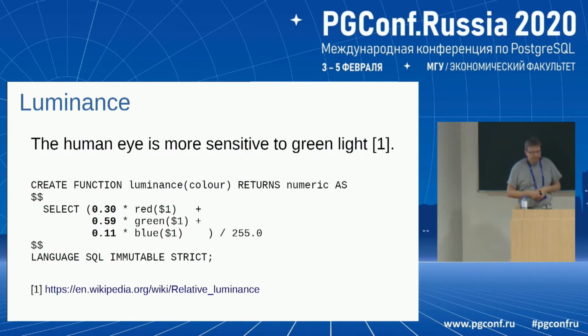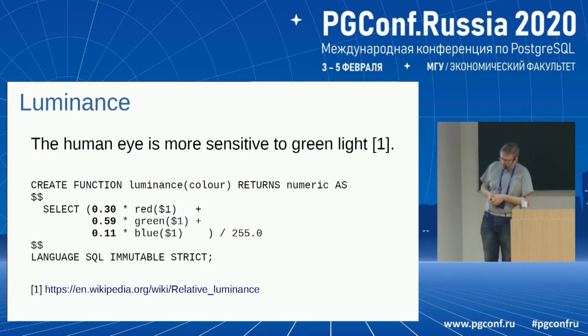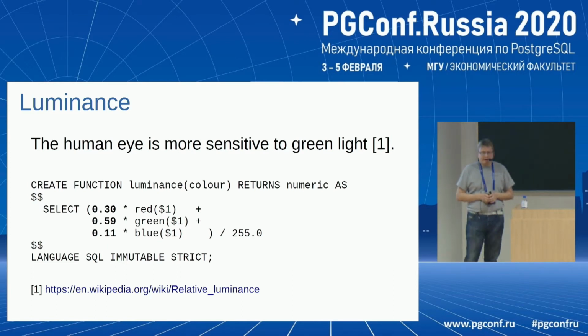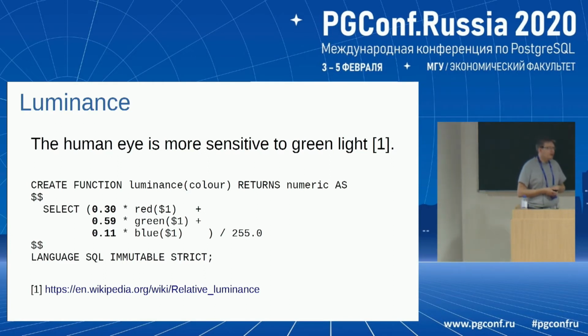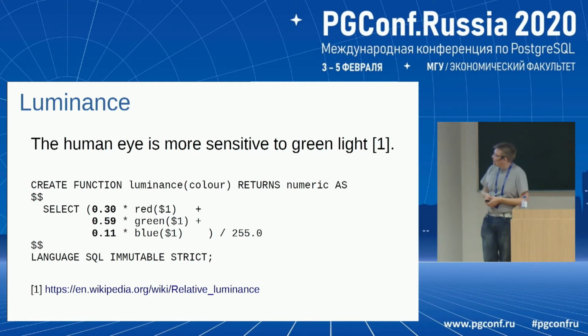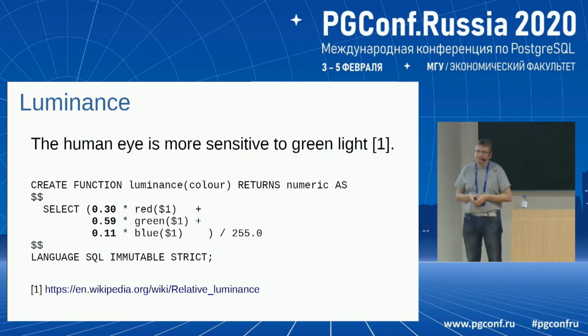Next thing I'm going to do, I'm going to create this function called luminance. When I started to write this presentation, I did some research, which means I Googled for 5 minutes about colors. And I found this concept called luminance, or relative luminance. It turns out that the human eye is more sensitive to green color than to the other colors.